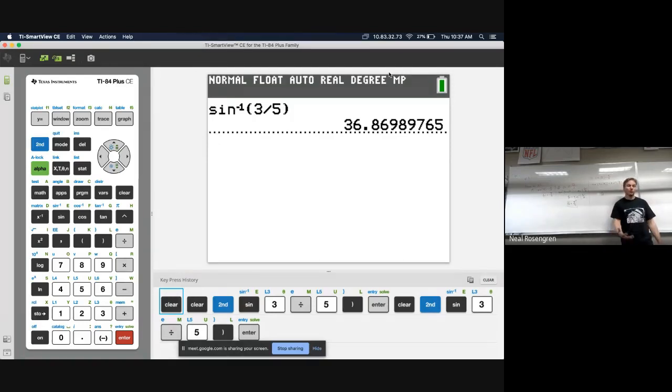There's no pattern to that degree measure. And so I don't want to round if I don't have to. I would love to write the right answer. What do you think the best way to write the inverse sine of 3/5 is, if that's the kind of answer that we get in the calculator?